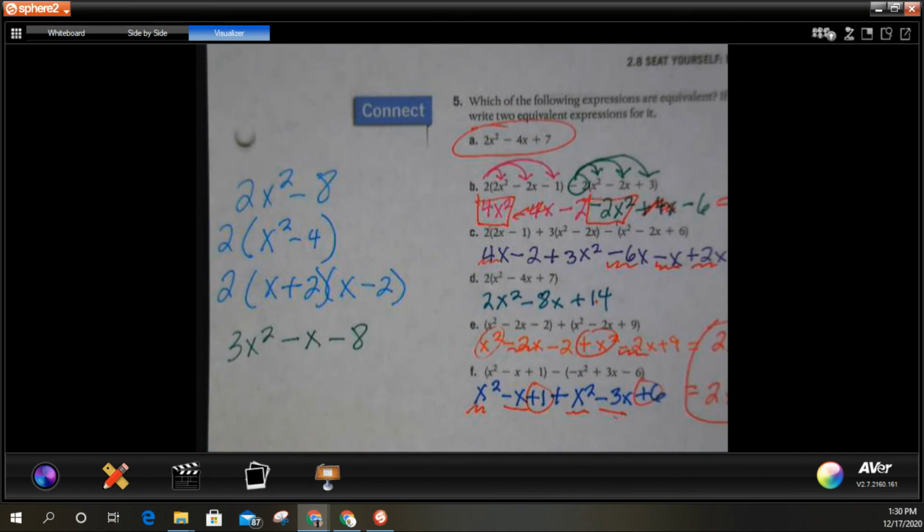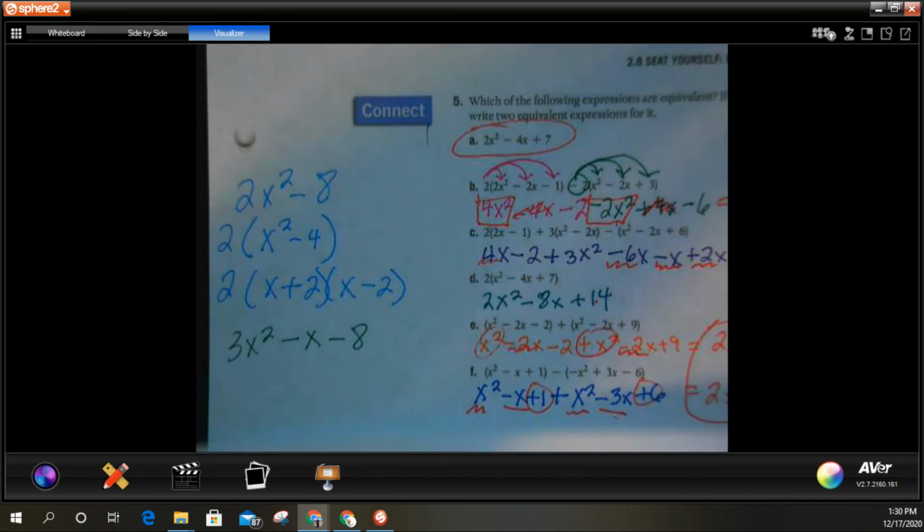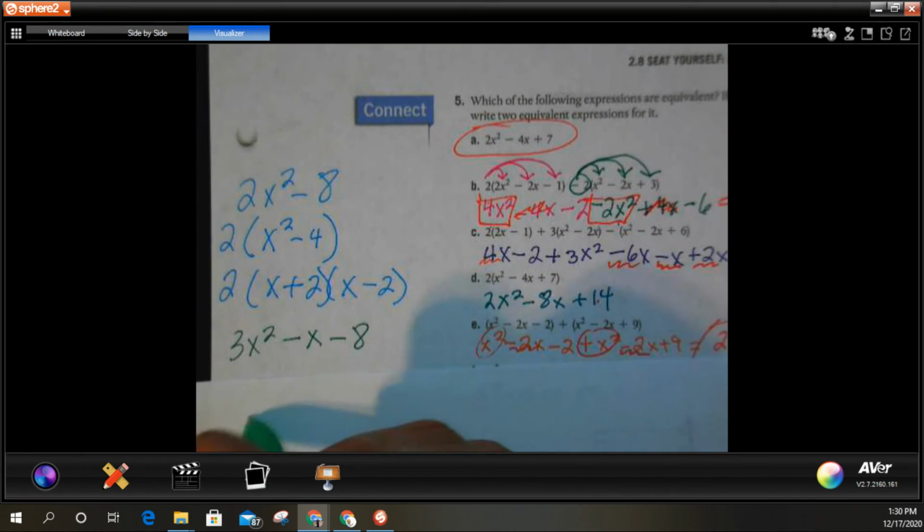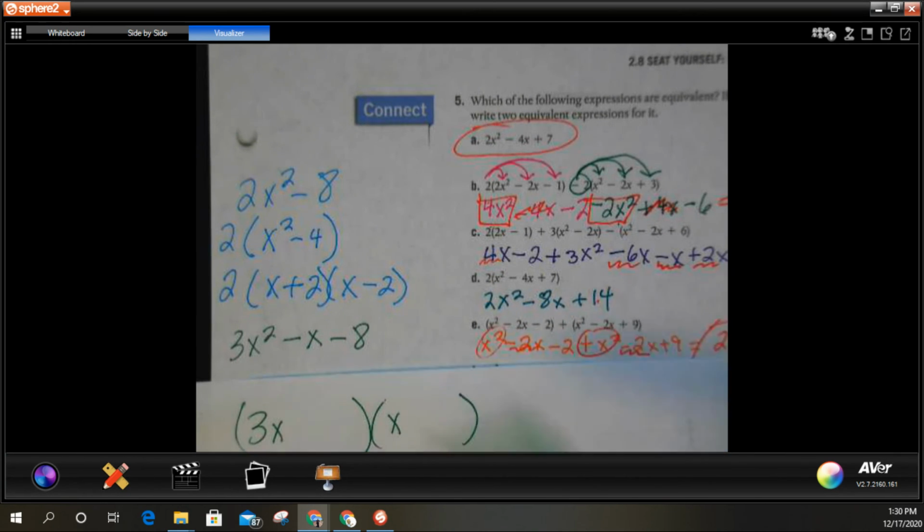Right, so I better check this, make sure I did it right again. Minus 6x, 3x squared, 2x. Oh, there it is. There's my mistake. Okay, this should be a minus x squared. That makes more sense.